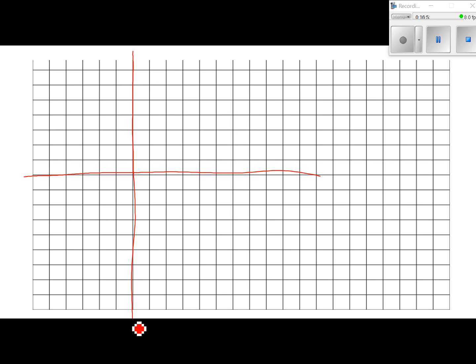Point B is 1, 2. Yeah. So over 1 up 2. Point B. Give me some others. Point C is 3, 4. So out 3, up 1, 2, 3, 4. That's C. Give me something else.